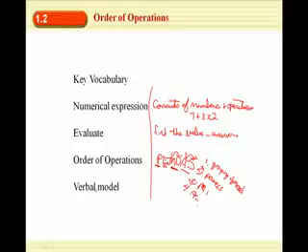And what a verbal model does is it uses words to describe a situation. Okay? So we'll talk more about that when we get to it. But there's a good start on our vocabulary. So you have that written down. Sorry for the sloppy writing, but the pen and I don't get along very well. Hopefully that will get better.